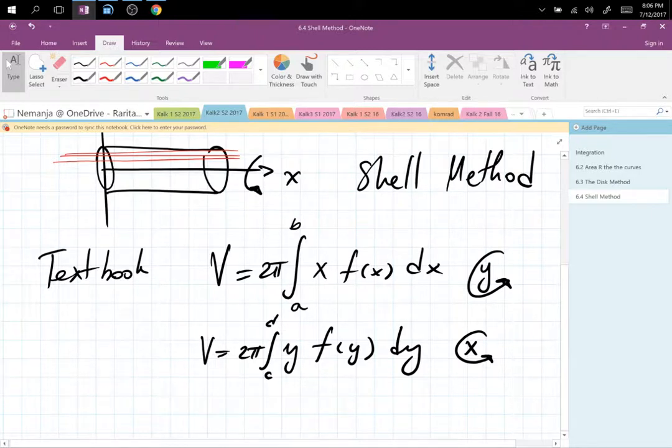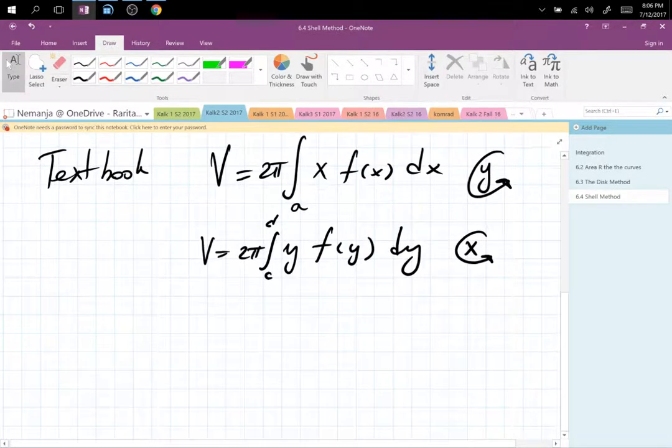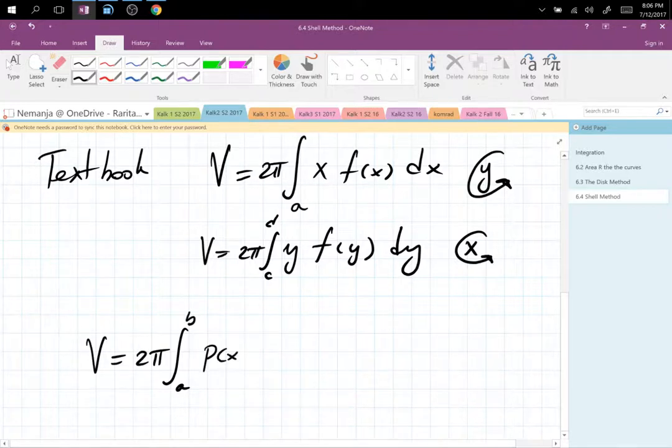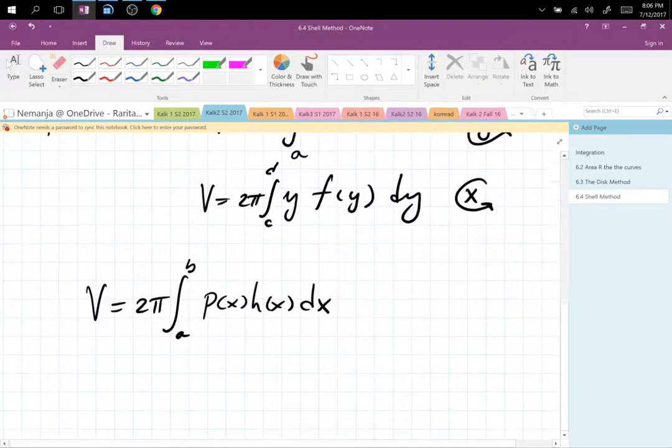I offer you a more powerful version from a different textbook where I learned calculus from. That one says that the volume is equal to 2 pi integral a to b of p of x h of x dx for rotation on y.